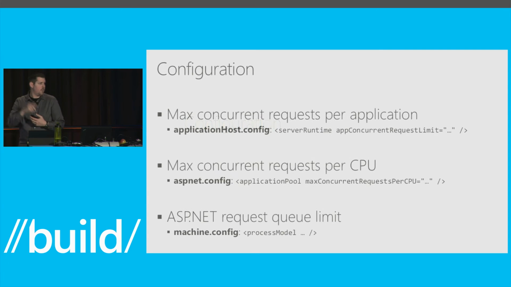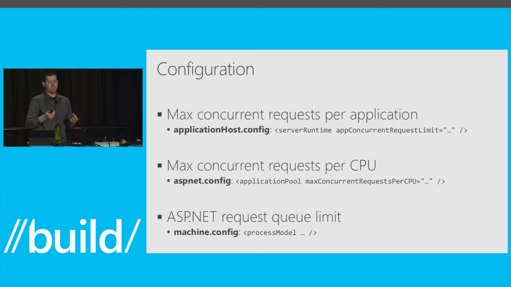Configuration. There are a handful of configuration elements that control how many concurrent requests ASP.NET can execute. They're listed here. I'm not going to go over all of them in great detail. You can find documentation for all of these online.